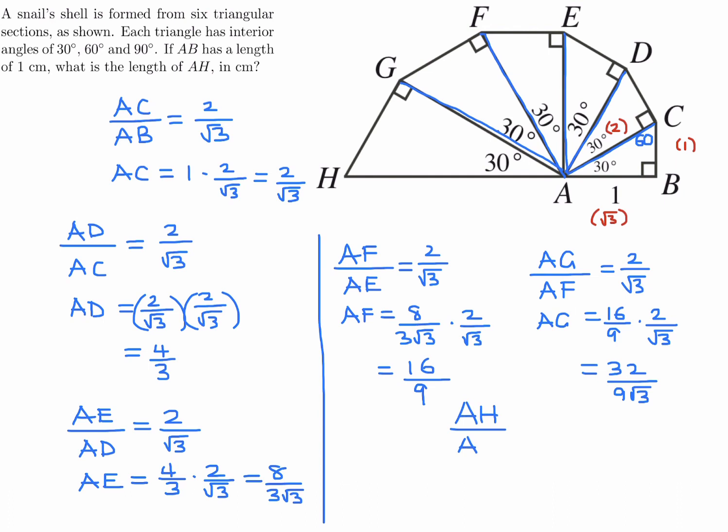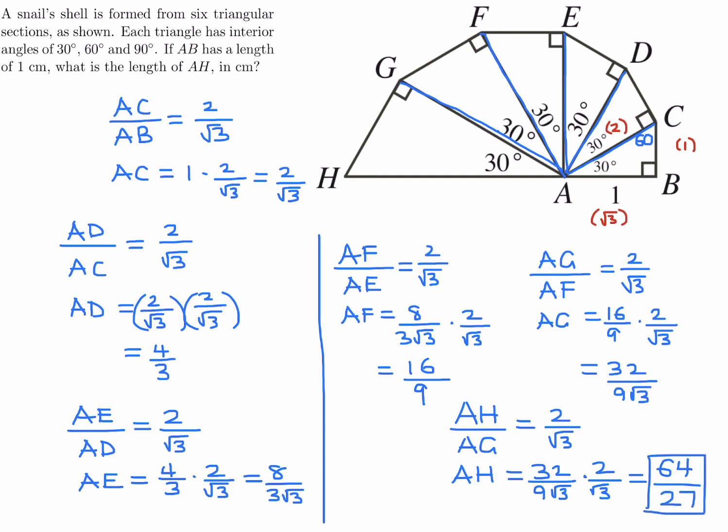AH over AG is 2 over root 3. So AH is AG, which is 32 over 9 root 3, times 2 over root 3. And that is 64 over 3 times 9, which is 27. 64 over 27 is the value for AH.